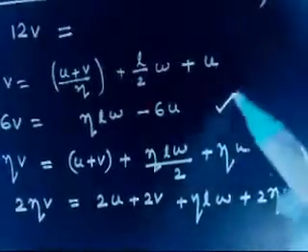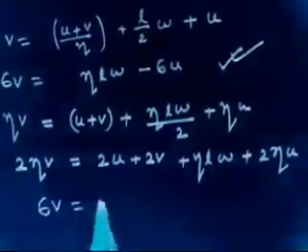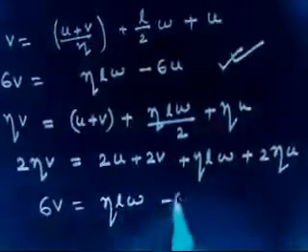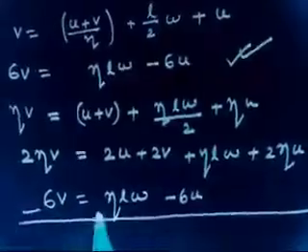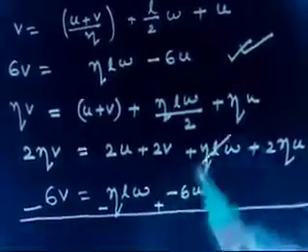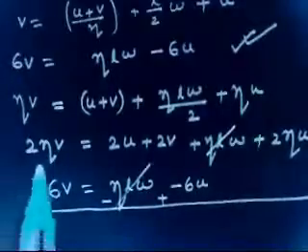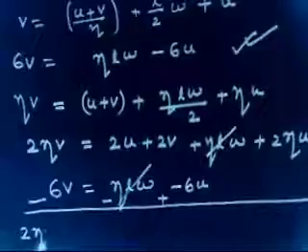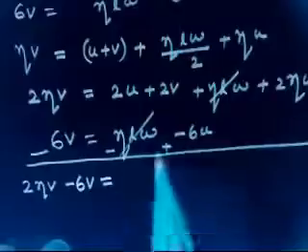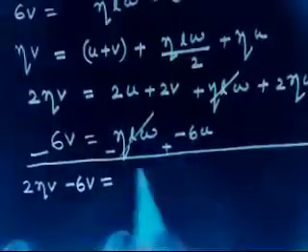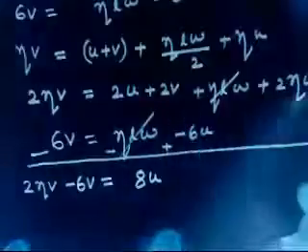Now I can use this equation, 6v equals eta L omega minus 6u. Now I can subtract these two equations. So this is minus, this is minus, this is plus, so this term goes. This side you will have 2 eta v minus 6v, equals 2u plus 6u, plus 2v plus 2 eta u.